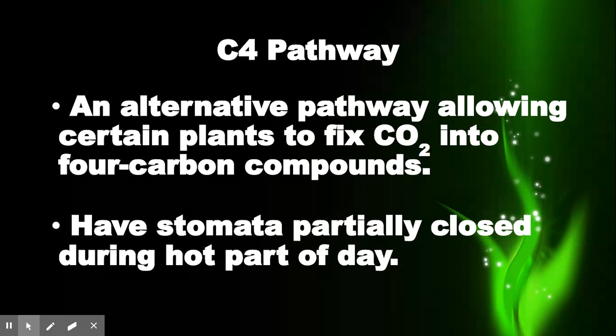One of these types of pathways is called the C4 pathway. Instead of the carbon dioxide turning into a 6-carbon molecule, it only turns into a 4-carbon molecule. By doing that, it's a little bit more efficient. Also, the stomata stay closed during the hot part of the day, so some of that extra water isn't evaporated off.